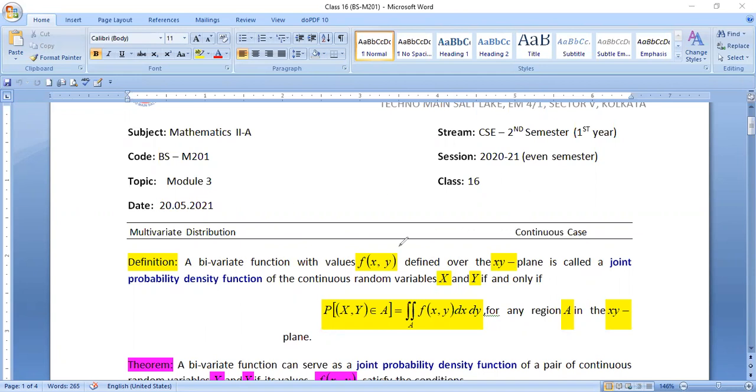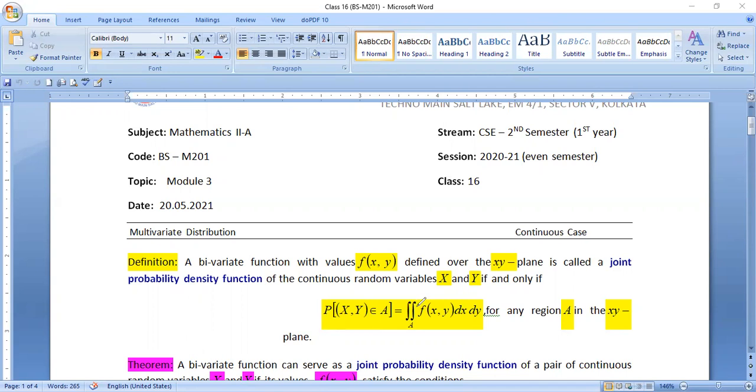Now here, one new notation has been introduced, that is called the double integration. I do not know whether you have any idea about double integration or not, because in the first semester course BSM 202, which is actually not meant for CSE and IT and AIML, the topics of double integration and triple integration are there.